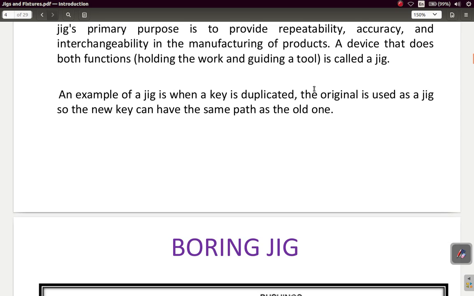An example of a jig is when a key is duplicated. The original is used as a jig, so the new key has the same path as the old one. You give in your key to be copied, and you want an exact copy of it. It guides where the blade of the cutting tool should go.